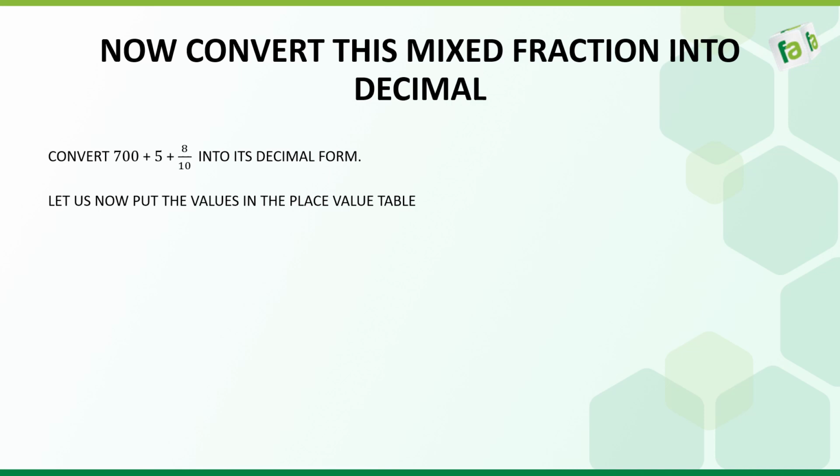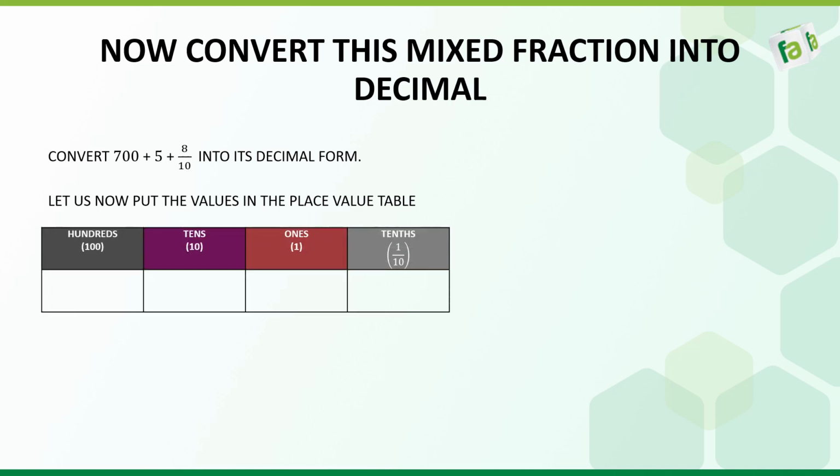Let us now put the values in the place value table. We will put 700 under the hundreds place, and likewise we will place other numbers in the table. So 5 under ones place and 8 by 10 under tenths place.